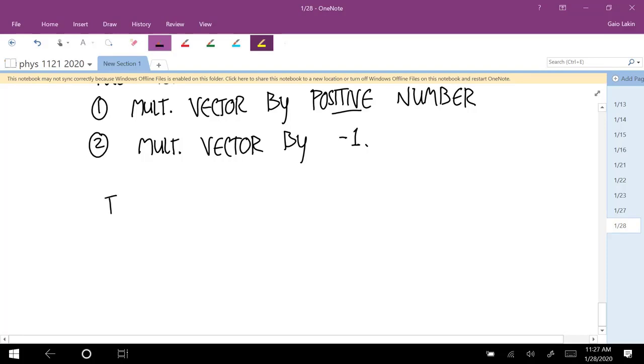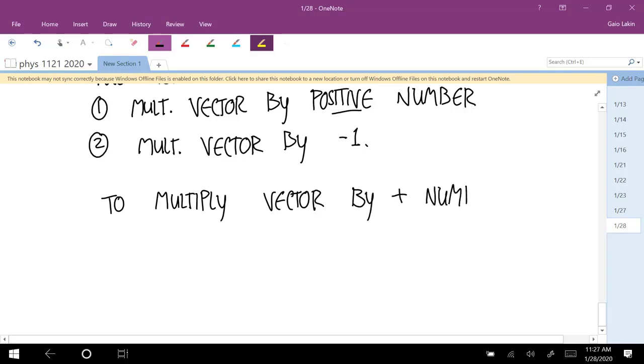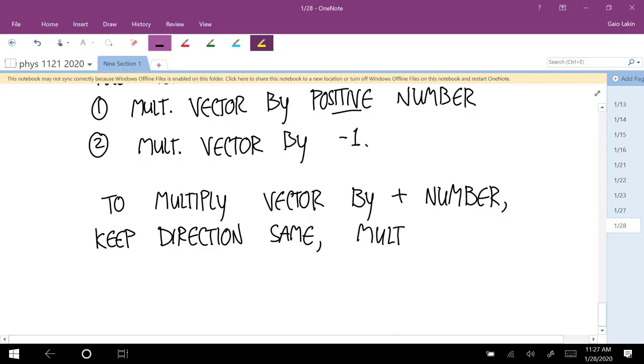Okay, so first, to multiply a vector by a positive number, keep the direction the same, and multiply the magnitude by the number, or the length of the vector by that number.